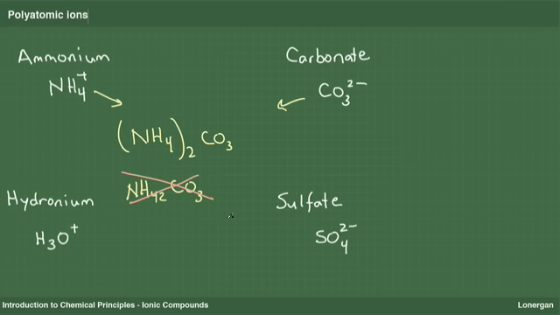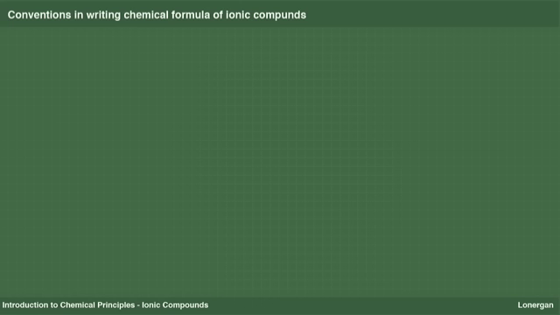Throughout this presentation, we have seen the chemical formulas of a variety of ionic compounds. There are some rules in writing them properly. First, the cation is written first, followed by the anion. NaCl, not ClNa. The smallest charge-neutral unit is written NaCl, not Na2Cl2. The charges are generally not shown.